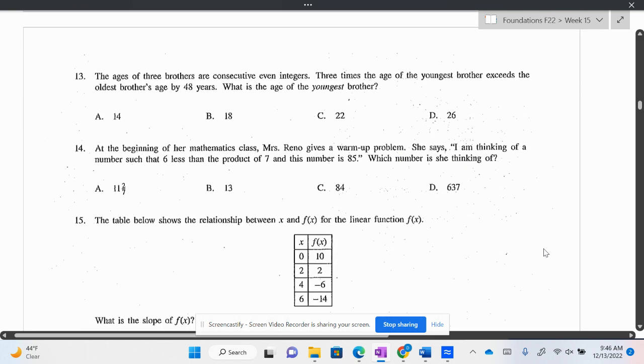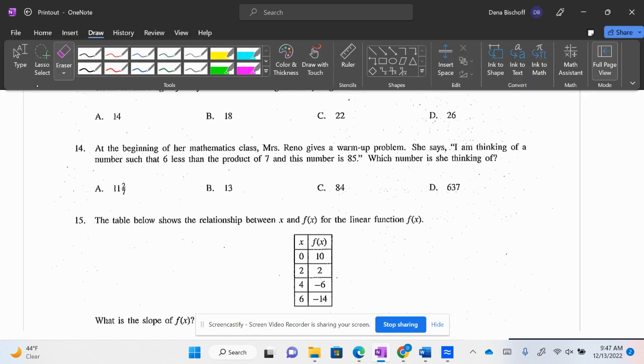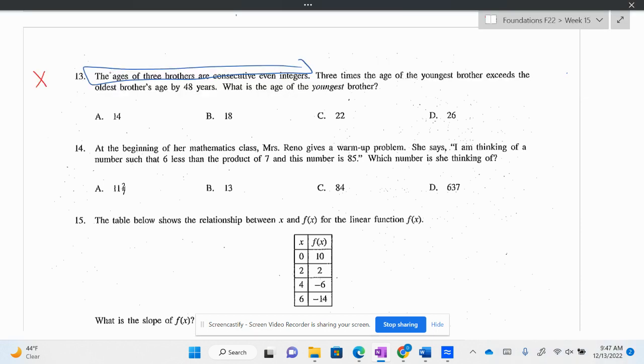Three brothers are consecutive even integers. That's going to be x plus 2, plus x plus 4. But it doesn't say that we're summing them. Let's do that again. Let me define my variables. My first brother is x. The next one is x plus 2 and x plus 4. These are my variables.